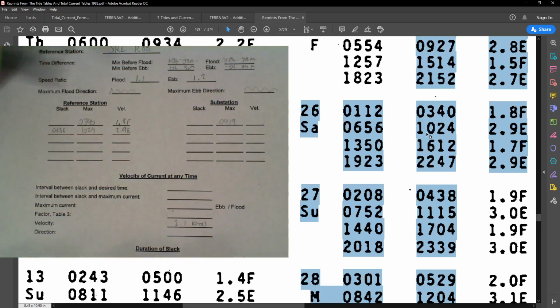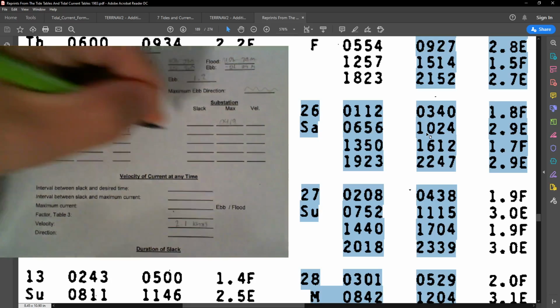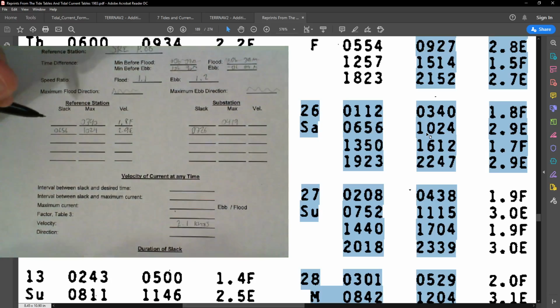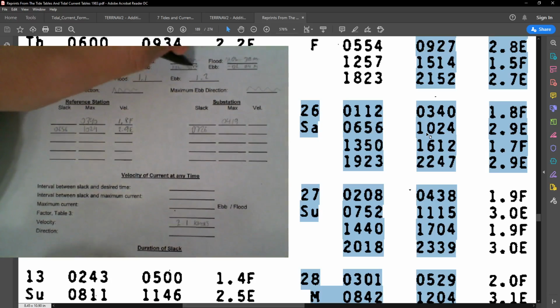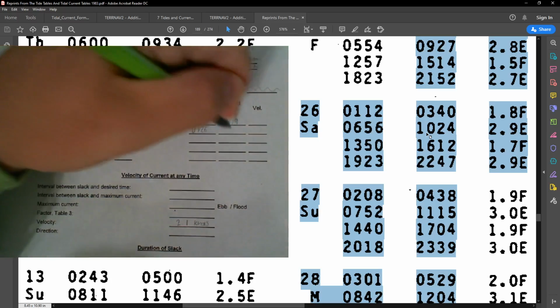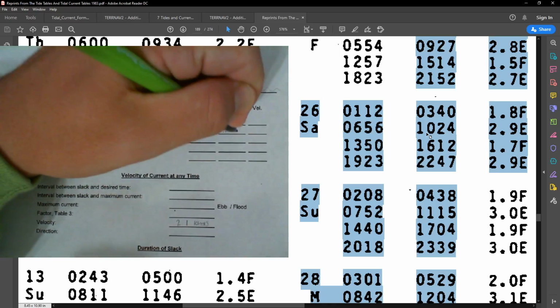0656 is plus 30. So 56 plus 30 minus 60 is 26. That would be 0726. I'm going to cross that out. And 1024 minus 4, simple math, 1020.